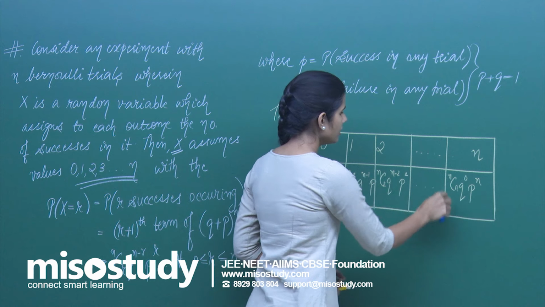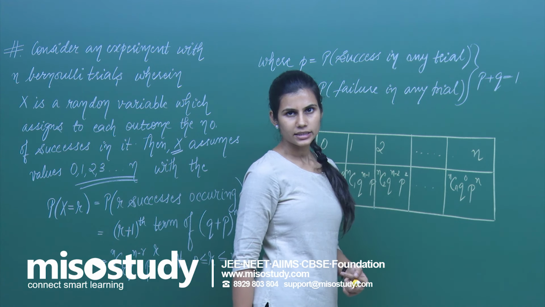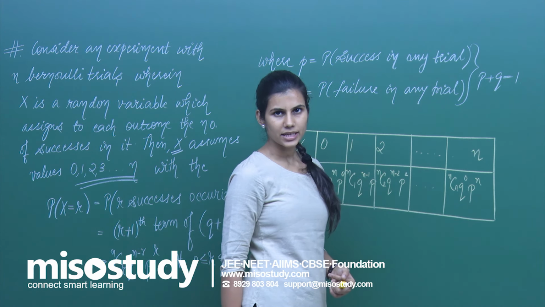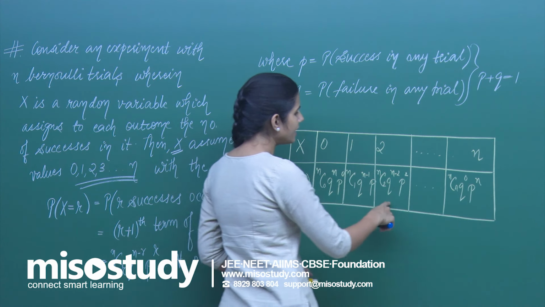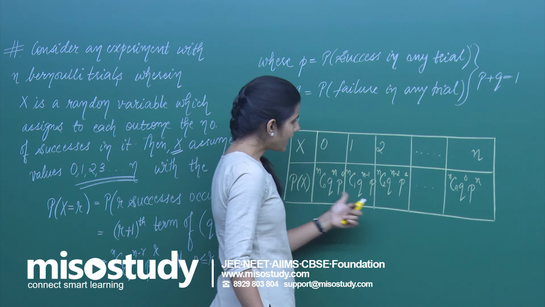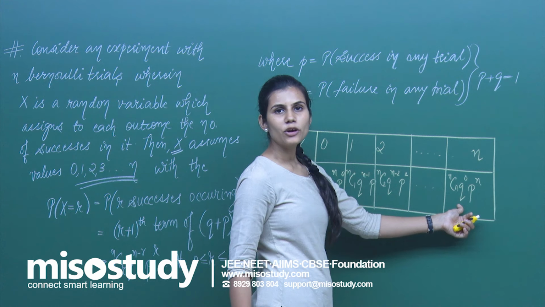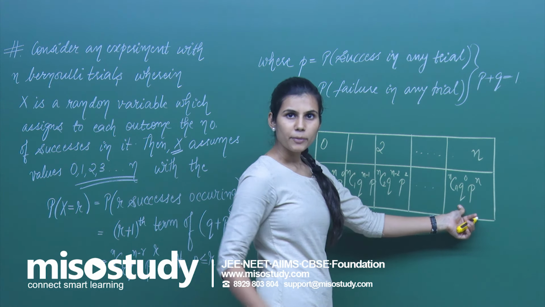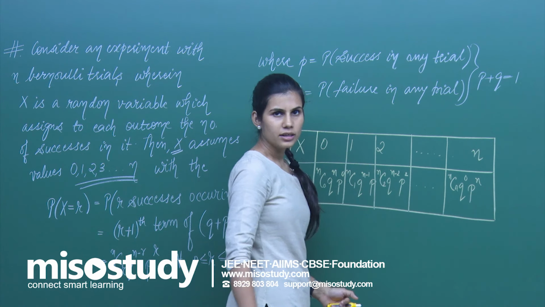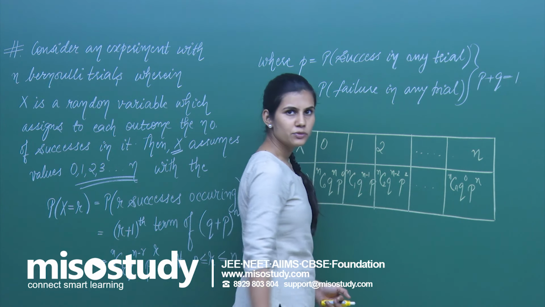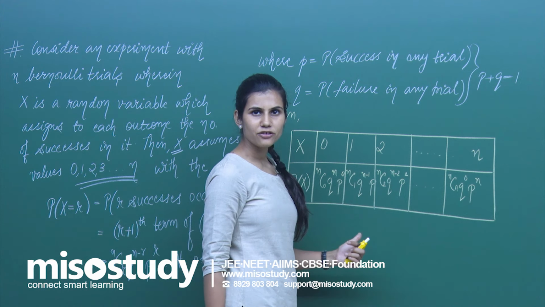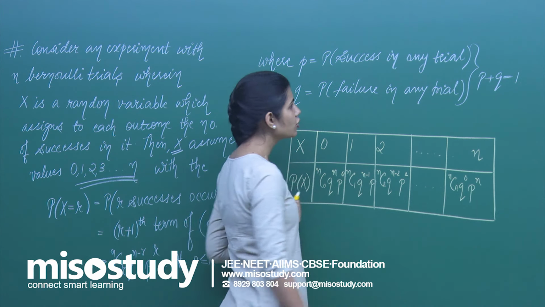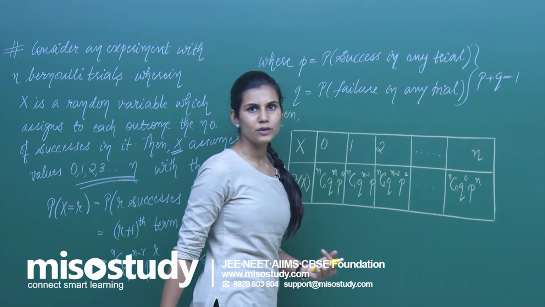Fine. Can I say that this is my probability distribution of the random variable capital X? Yes, because when you add these probabilities, actually you are obtaining the binomial expansion of q plus p whole to the power n, because its terms only are written over here. Just if you incorporate a plus sign in between every term, you will get the entire expansion of q plus p whole to the power n, and q plus p is equal to 1. So, 1 to the power n will give you 1.